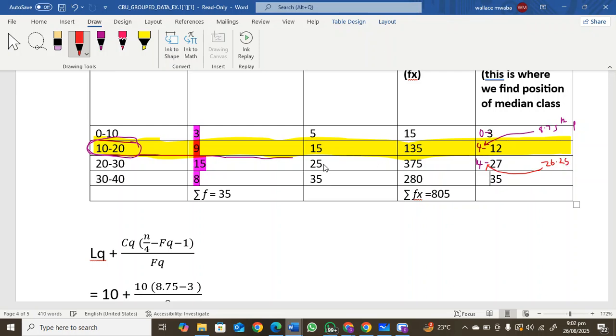So our upper quartile class is 20 to 30. Okay, 20 to 30. So first things first, what is the lower limit of this class?